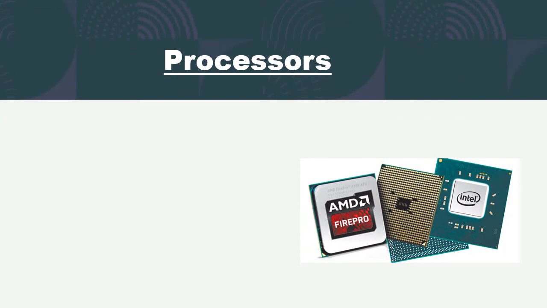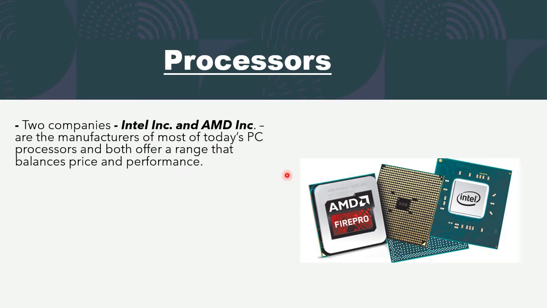Okay, let's start first discussing the processors. So here are the pictures of sample processors. We have AMD and Intel. So actually there are two companies for our processors, Intel Incorporated and AMD Incorporated.